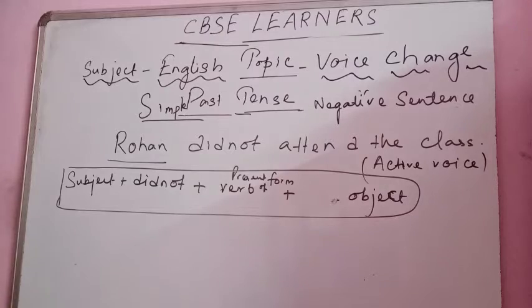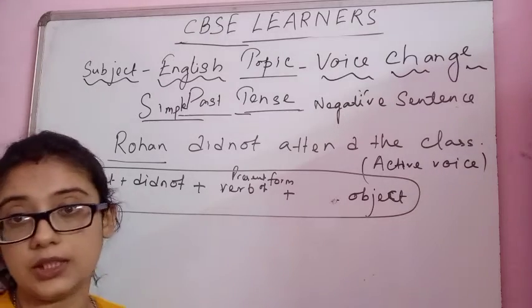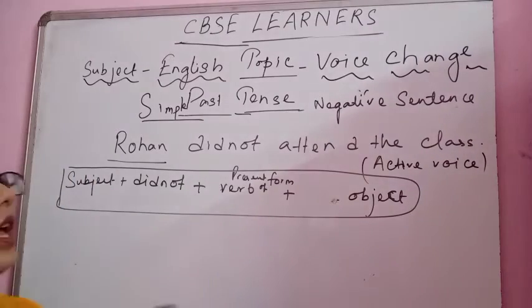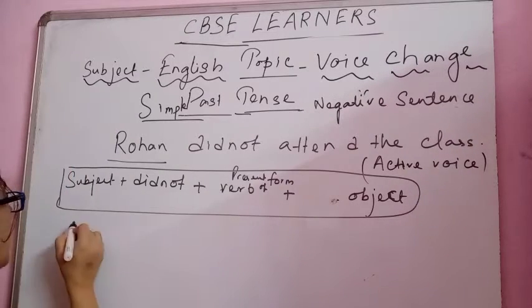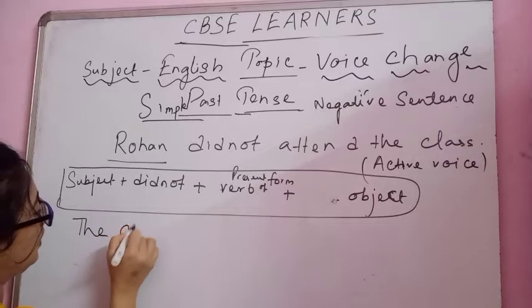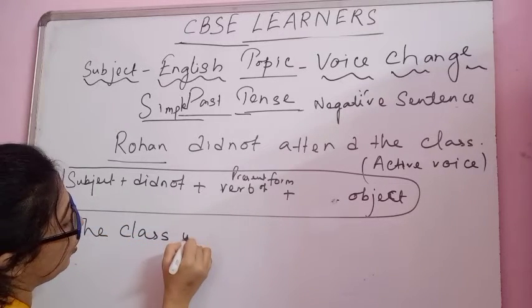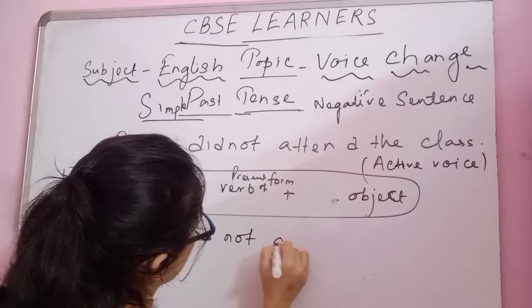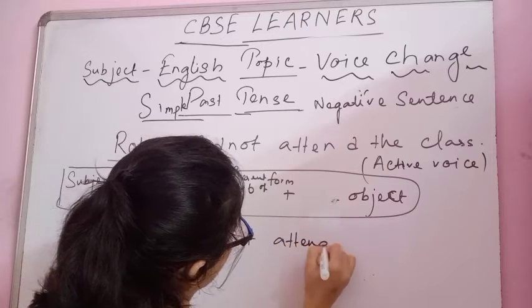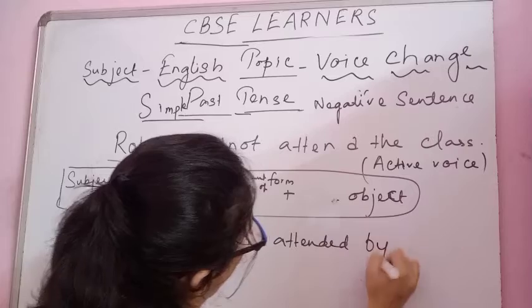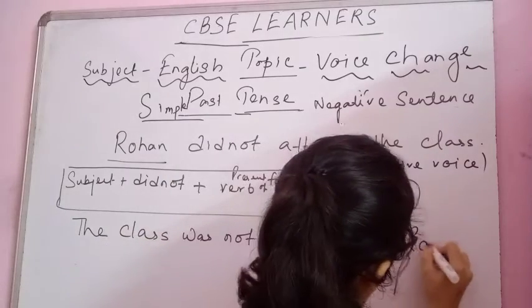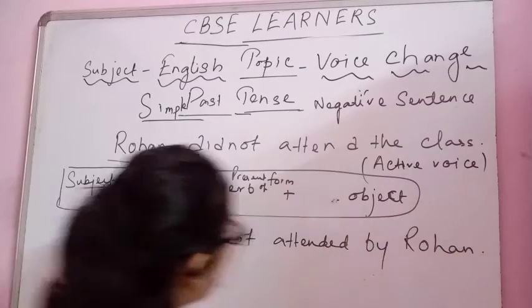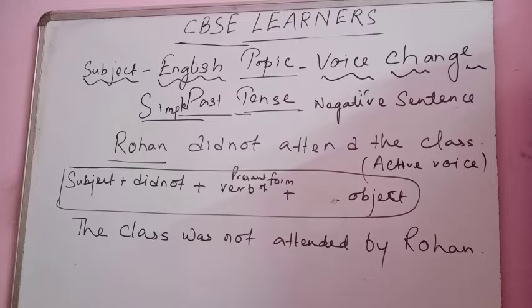Okay, now if we want to convert the sentence into passive voice, what do we need to do? We need to bring the class first. The class was not attended by Rohan. That means the class was not attended by Rohan.